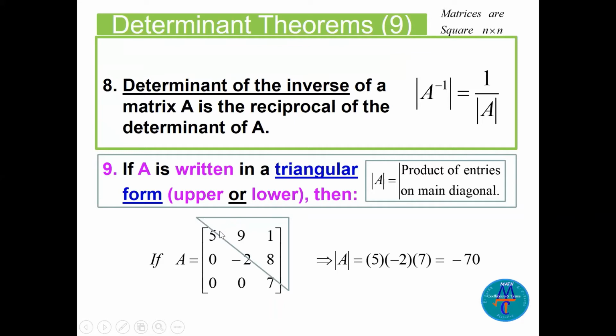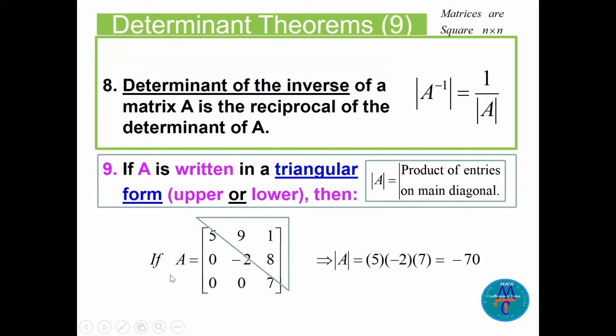If we can write any matrix, this is A, 3 by 3, 4 by 4, 5 by 5, 10 by 10, triangular. See, triangular like a triangle, upper or lower. If you have a triangle here, all zeros down. Or you can have zeros up, upper or lower. This is upper triangular. You have all zeros under the main diagonal.